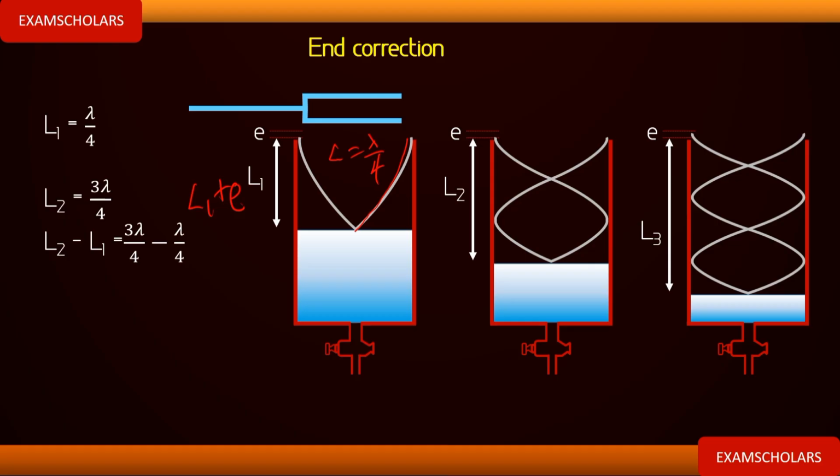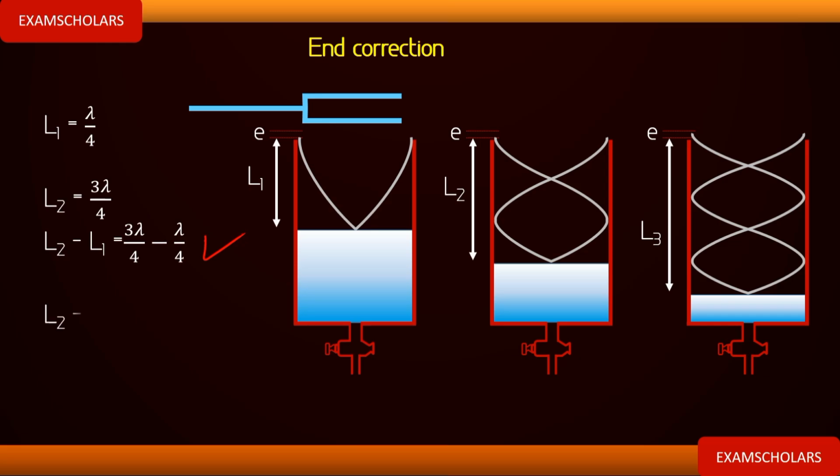Now when you find the difference between L2 and L1, just try to find the difference. When you find the difference, you are getting what is being shown. This is what you are going to get: 3 lambda over 4 minus lambda over 4.